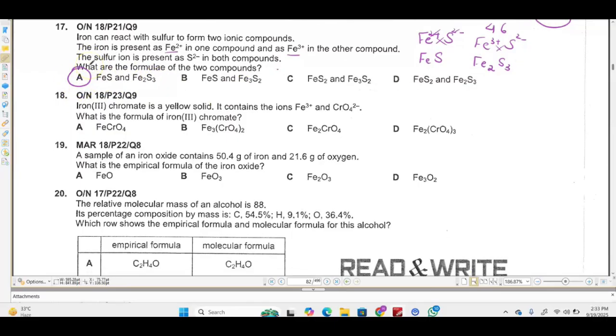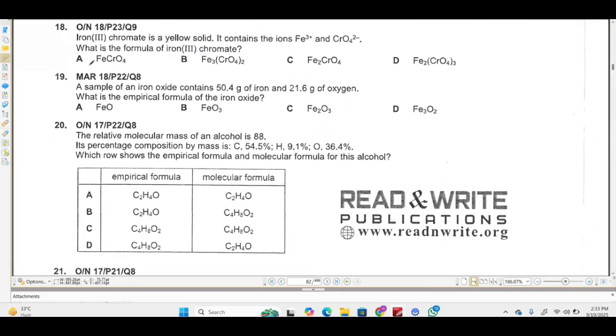Okay, moving on to question number 18. Iron(III) chromate is a yellow solid. It contains the ions Fe+3 and CrO4 -2, which are chromate ions. What is the formula of iron(III) chromate? So this is also simple.